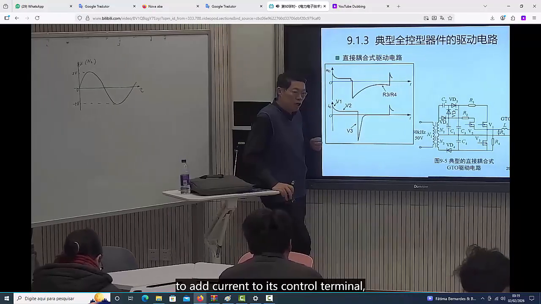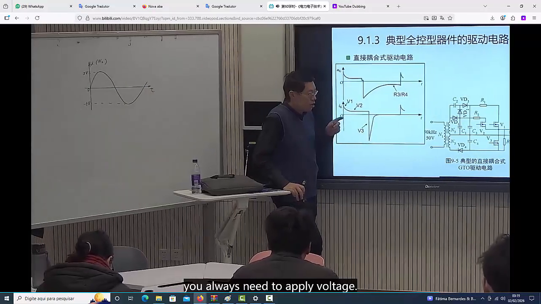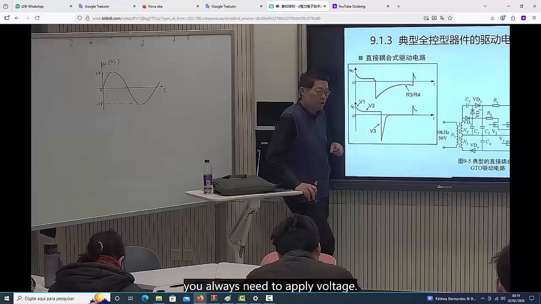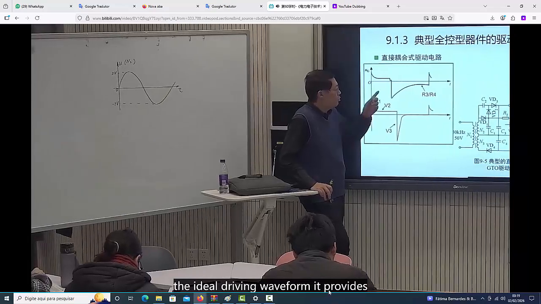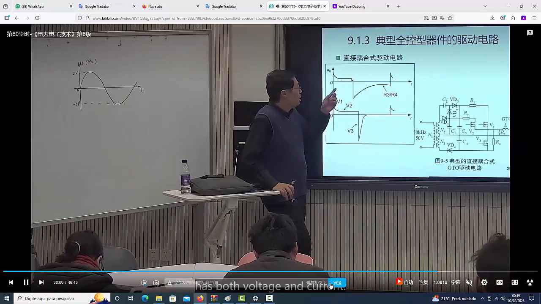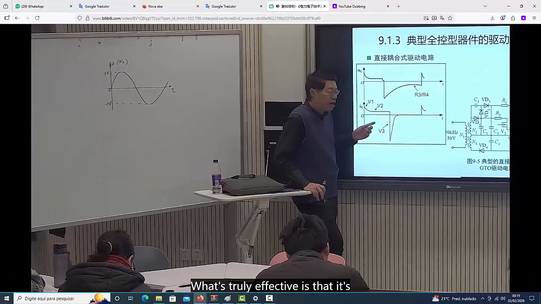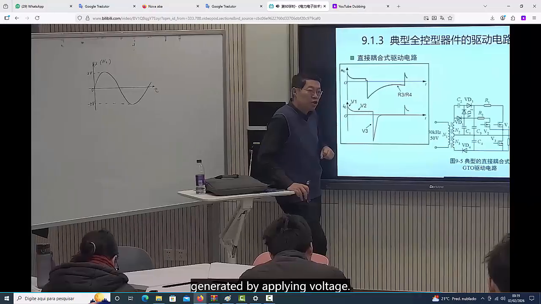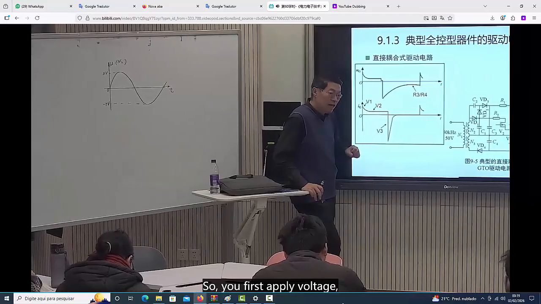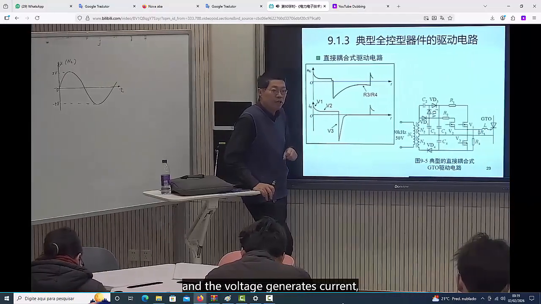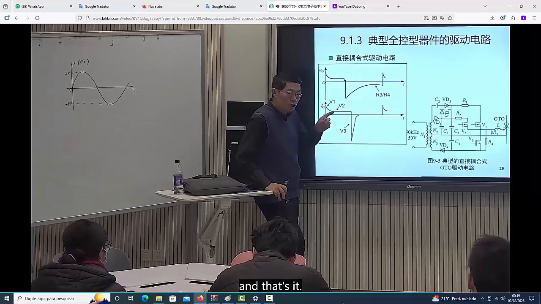However, to add current to its control terminal, you always need to apply voltage. Therefore, the ideal driving waveform has both voltage and current. So you first apply voltage, and the voltage generates current.